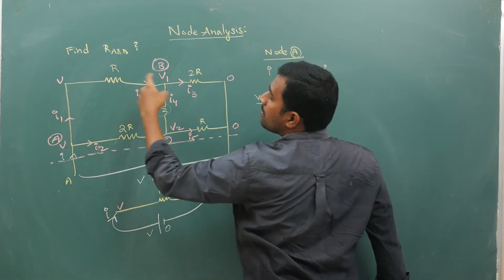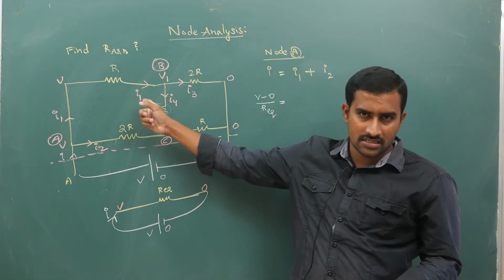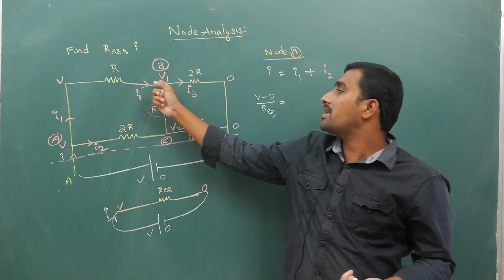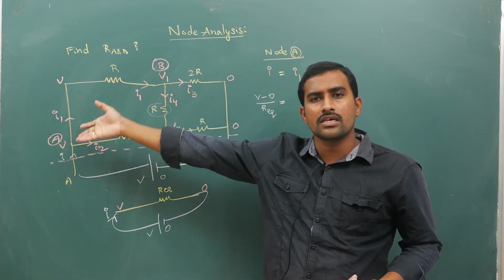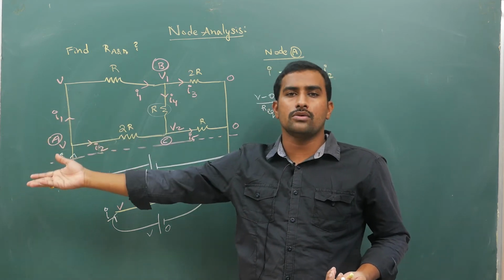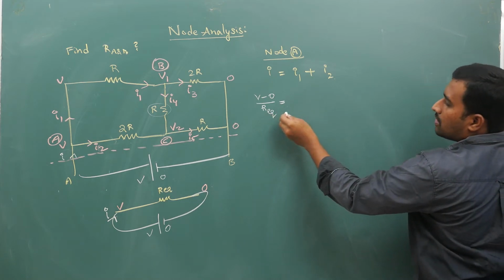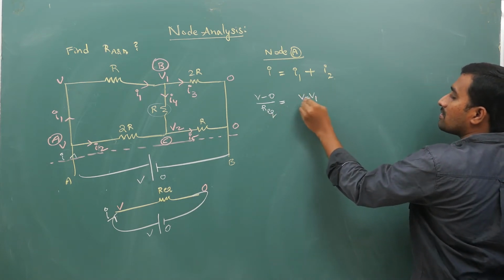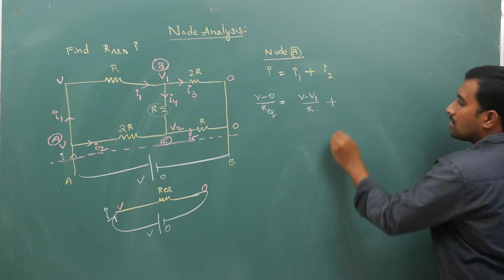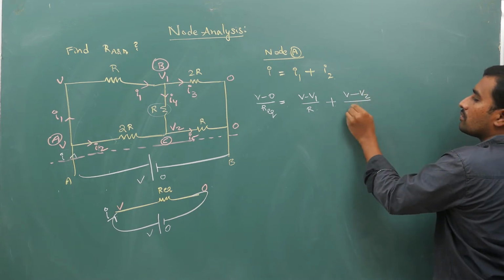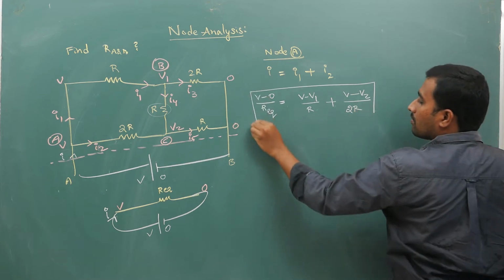I1 is V minus V1 by R. Your current is flowing in this direction, so higher potential minus lower potential, so V minus V1 by R. Ohm's law is: potential difference is equal to I into R, so I is potential difference by R. So that will give you V minus V1 by R plus your current I2, which is V minus V2 by 2R. This is your equation number 1.